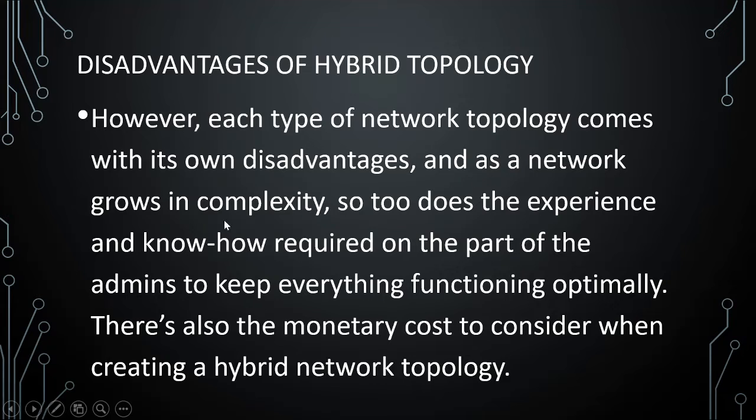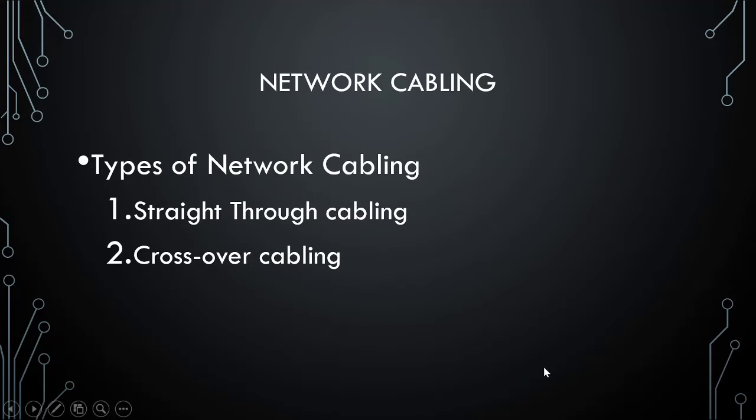And as a network grows in complexity, so too does the experience and know-how required on the part of the admins to keep everything functioning optimally. So there's also the monetary cost to consider when creating a hybrid network topology. Okay, so that is all for the types of network topology.